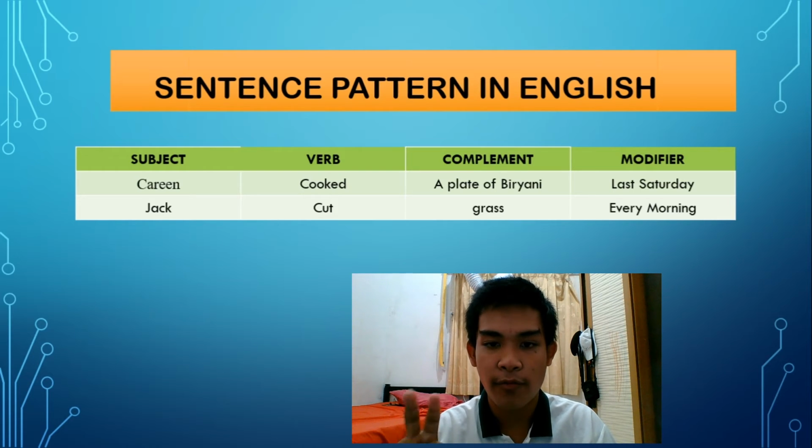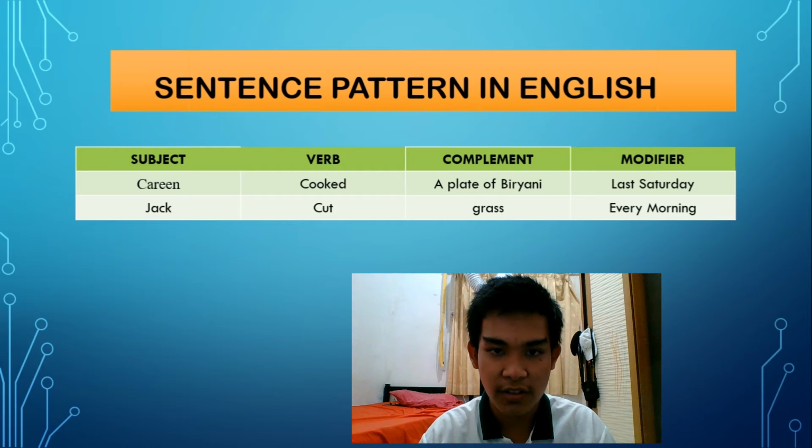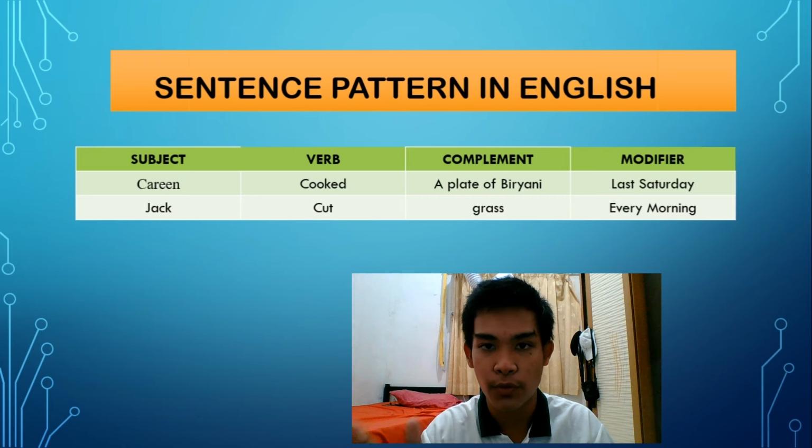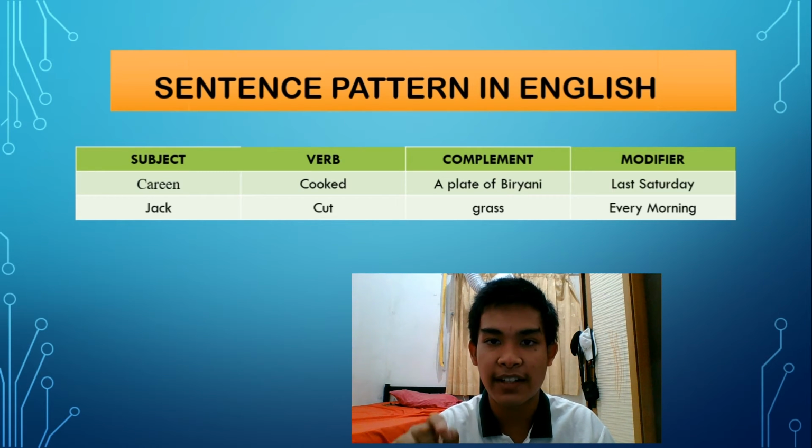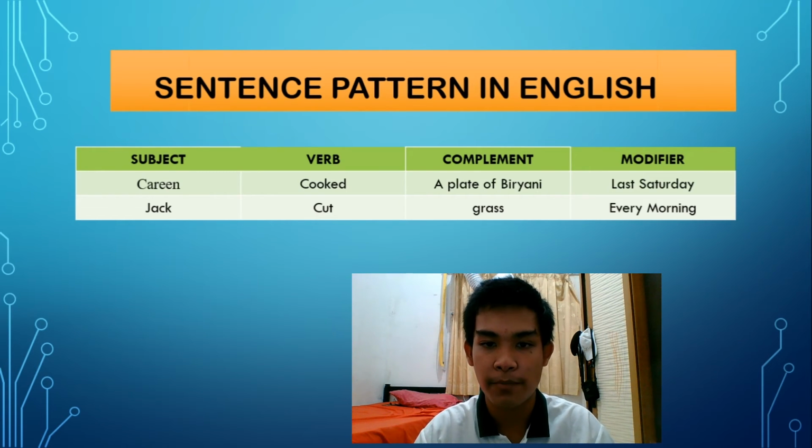For the using of the verb, we have to pay attention to the tense. If it is using past tense, so the verb must be using verb 2. And if it is perfect tense, we have to use verb 3 for the verb. And if it is simple present tense, just use verb 1. Or we could add as or not.